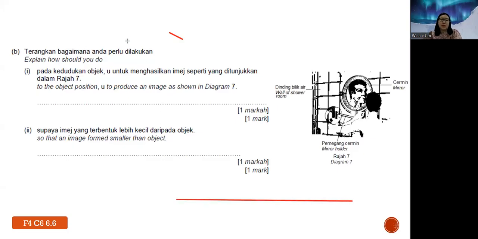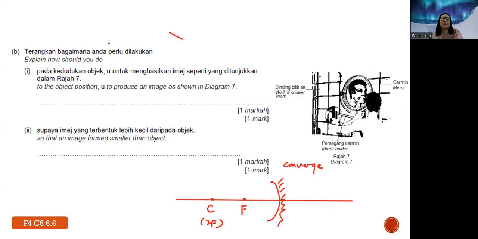This is basically a concave mirror. You also have convex mirror. A concave mirror will converge light rays. So you need to have the focus point, and then the C, center of curvature, or sometimes we refer to it as double focal length.